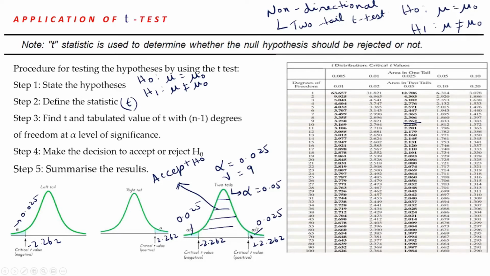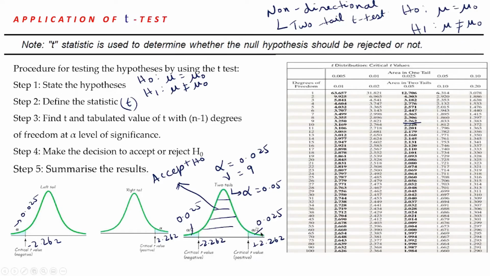This region is called the region of rejection. Similarly, if the value of t is less than minus 2.262, then again it falls in this region. This region is the region of rejection. So if the value of t falls in these two regions, then we have to reject H naught.